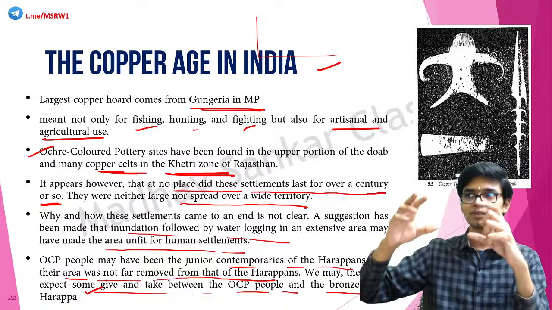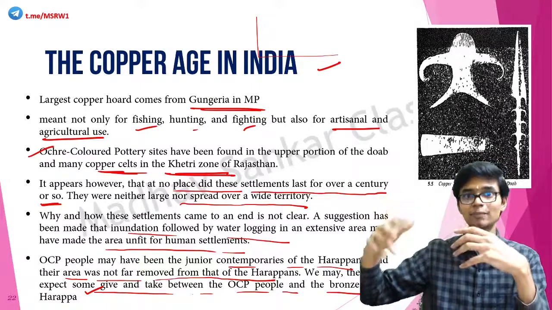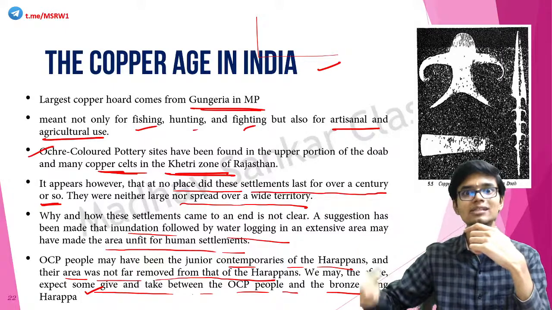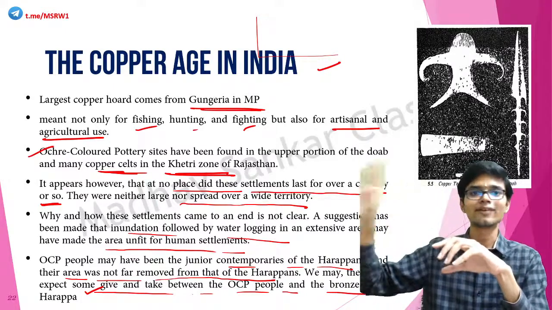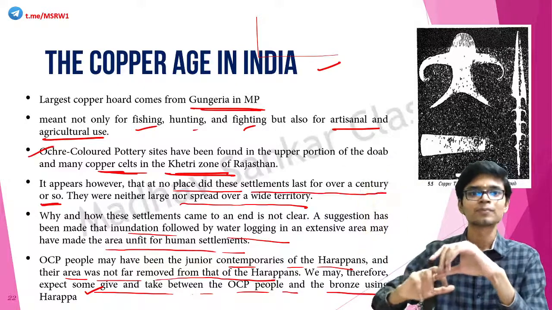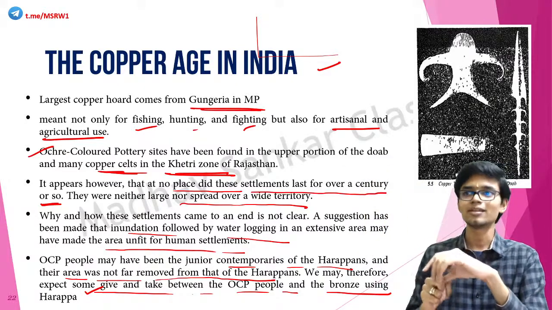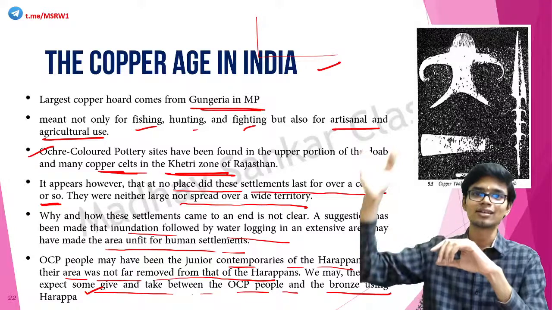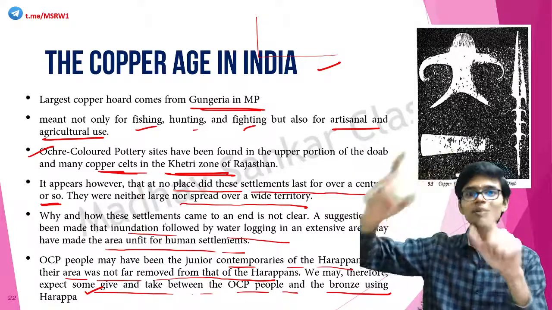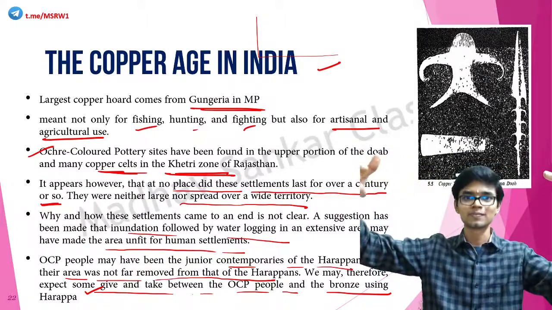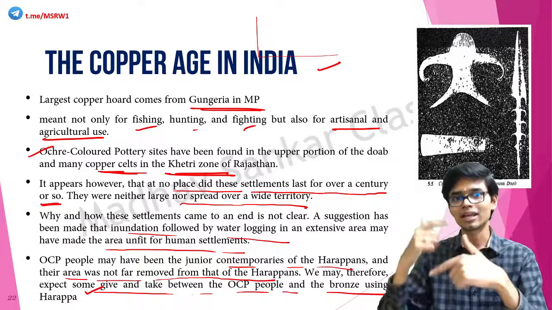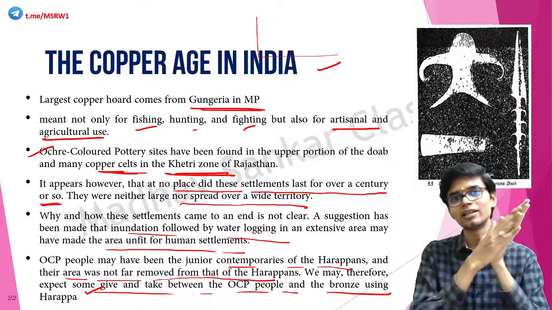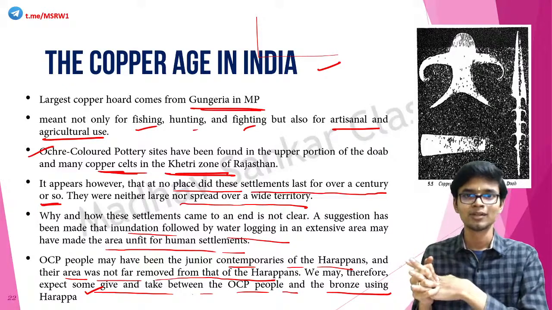Even though some of these came after the collapse of IVC, still they were not even close to the level of advancement that IVC achieved. That is very curious. If a superior civilization existed before you, then you should be even further ahead in development. But unfortunately, most of the Chalcolithic sites that came even after IVC are comparatively inferior to IVC.